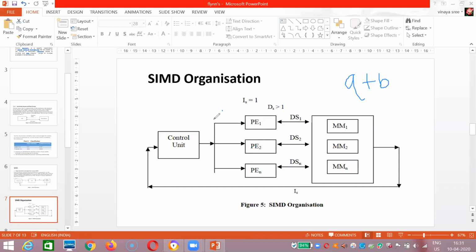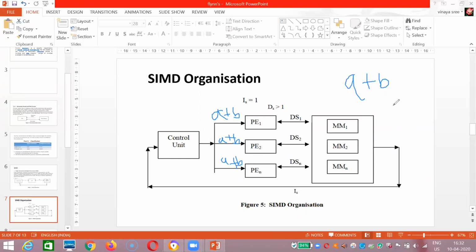For all those processing elements you will have the same instruction, A plus B, but the data will be different. Processing element 1 will take data from MM1, MM2, MMn. This scenario is an example of arrays.